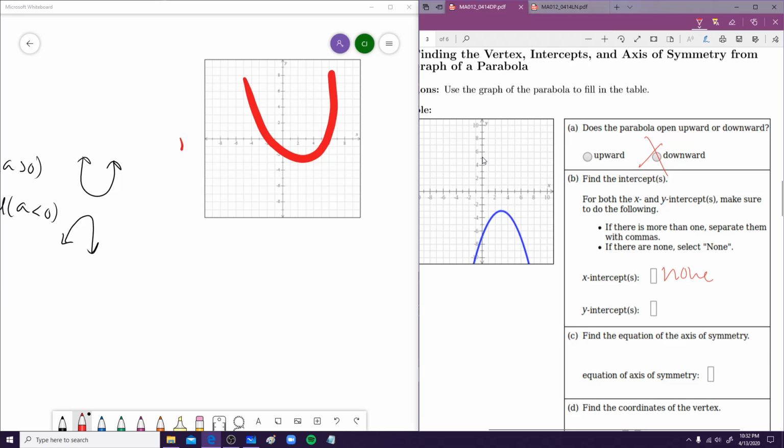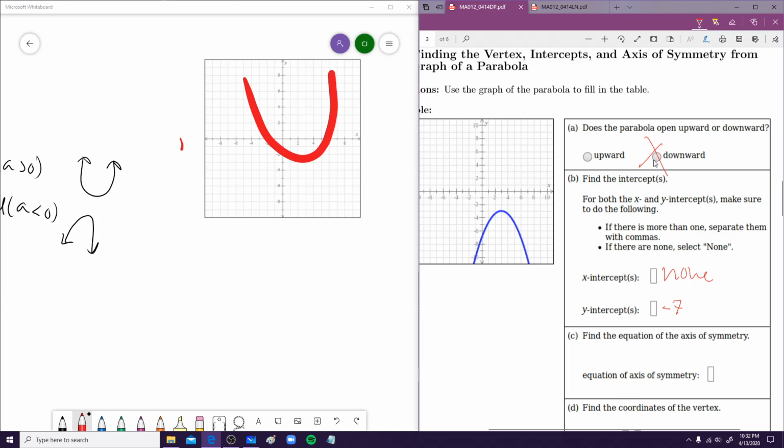You can go up to down, down to up, it doesn't matter. If I go and finally cross, I meet this graph because it's blue, so it meets at the y-intercept, at the point 0, -7. All right, so for the y-intercept, they usually just put the number, so it's -7.